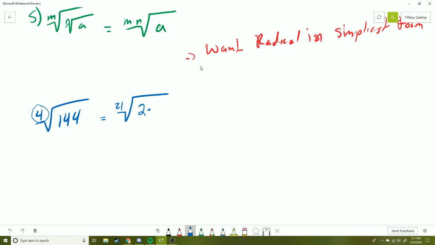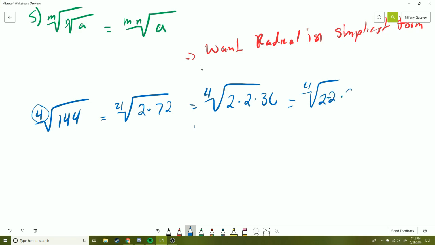So 2 times 72, or 2 times 2 times 36, 2 times 2 times 2 times 18. Because basically what we're doing is 2 times 72. This is 144. Then you're breaking 72 down to 2 times 36. Then you're breaking your 36 down to 2 times 18. 18, not 81.